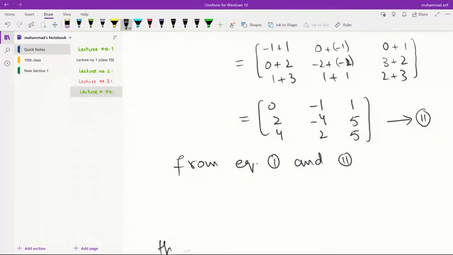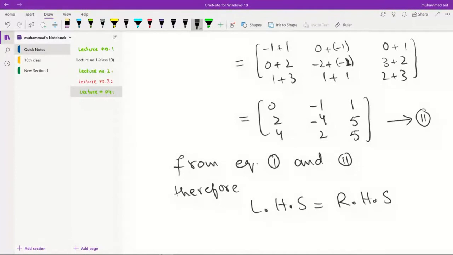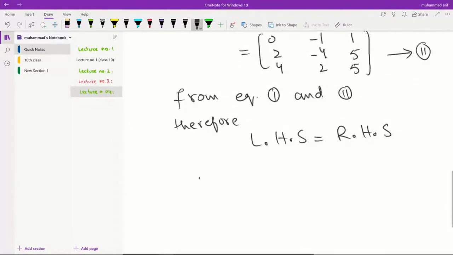Therefore, left hand side is equal to right hand side. That is B plus C is equal to C plus B, which is the required answer.